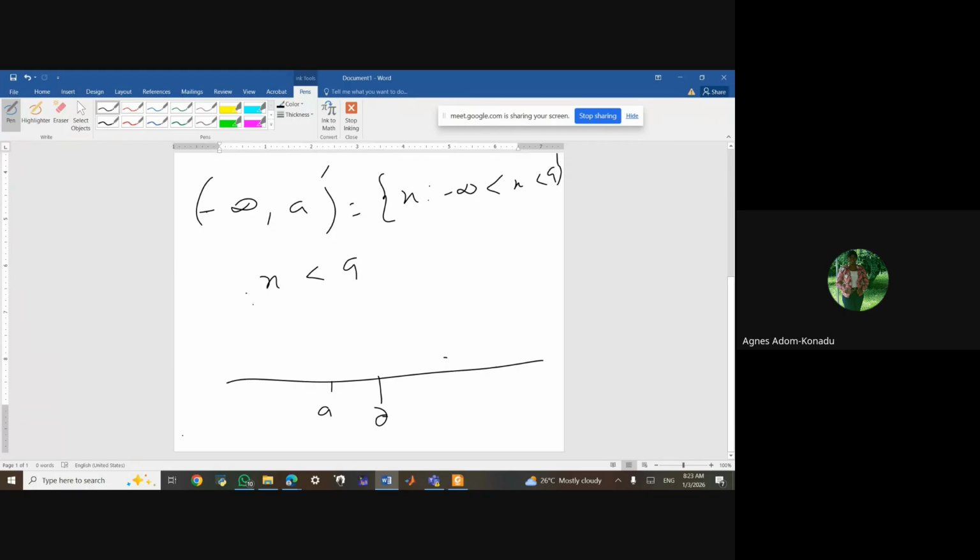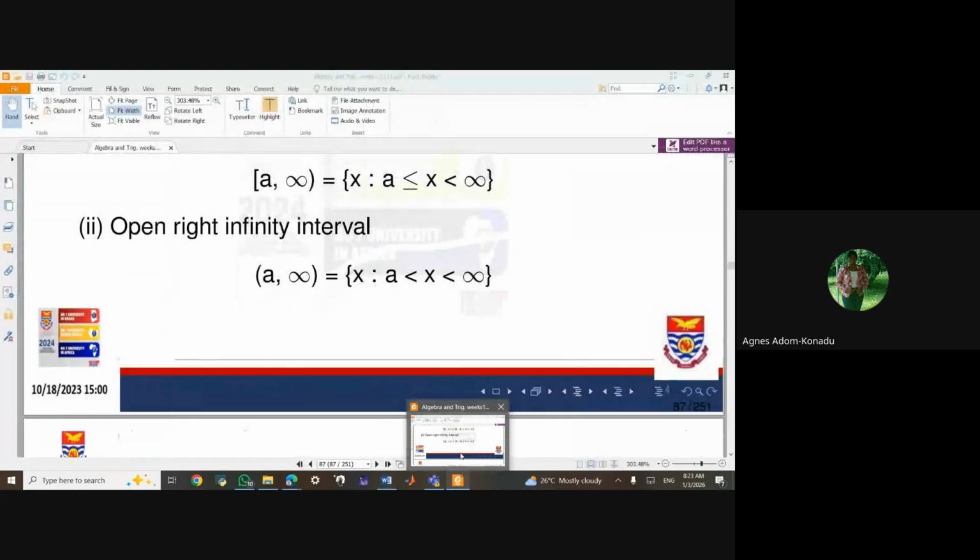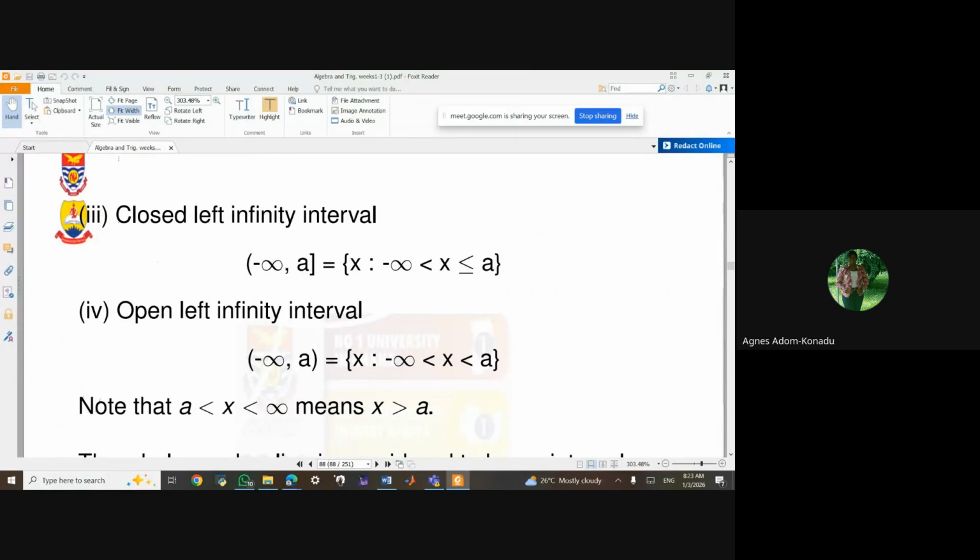Then I go this way to infinity. I will not shade this because my A is not part. So that is the open left infinity interval.